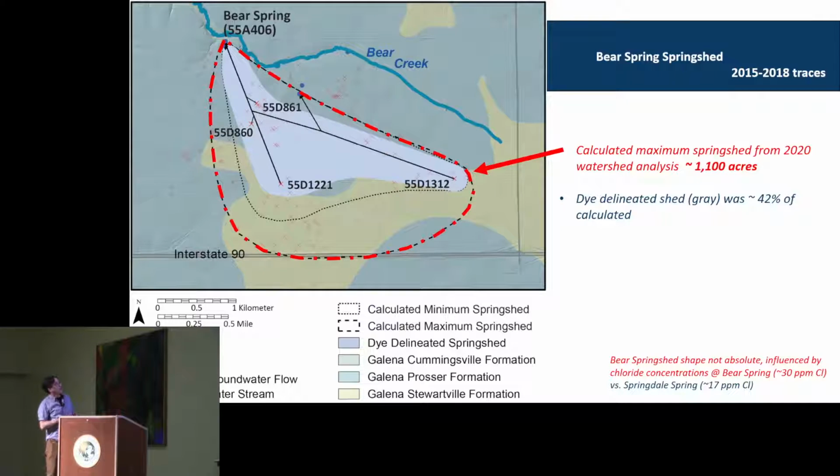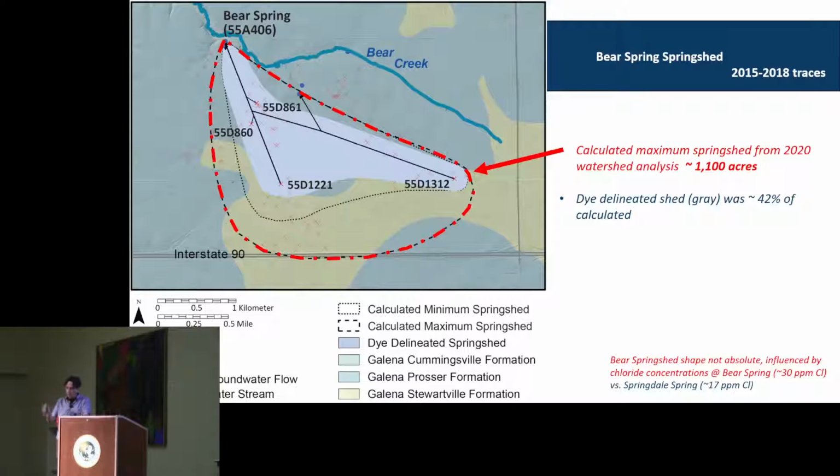So the groundwater spring watershed at Bear Spring, as identified through 2015 and 2018 traces, was basically this here, this grayish blue. And in 2020, we took a lot of that data that I was showing you, the discharge data and the recharge data, and we did basically some watershed analysis.